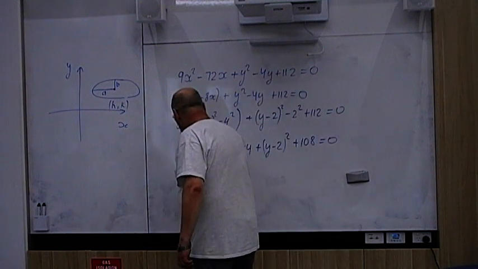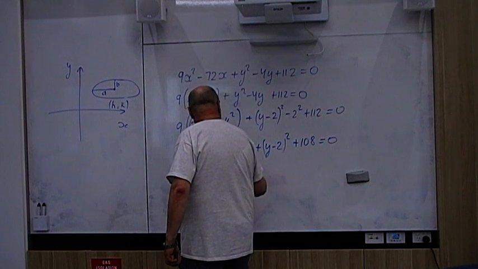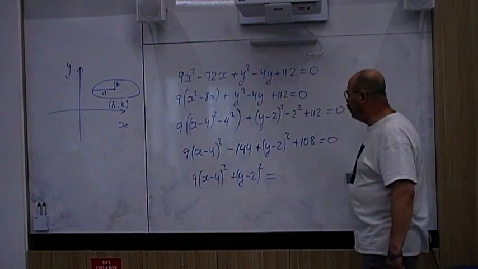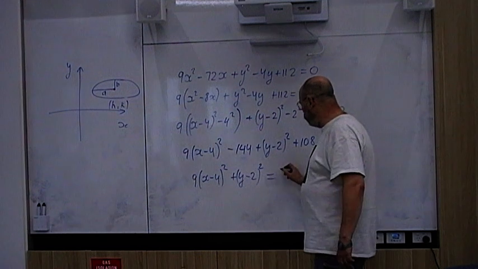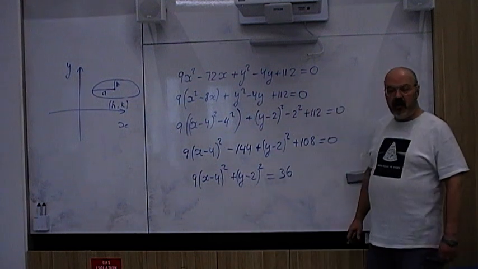That's 9 times (x minus 4) squared plus (y minus 2) squared equals, if you move it, positive 36.